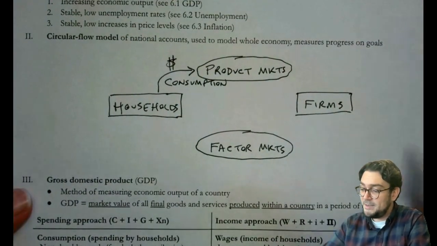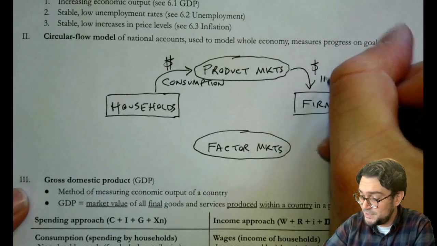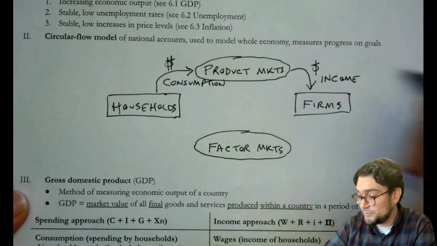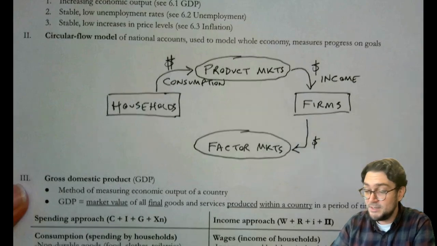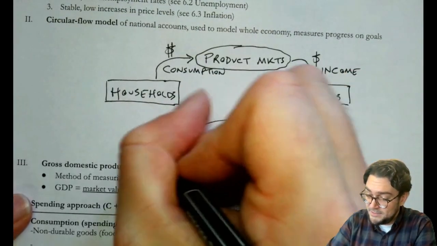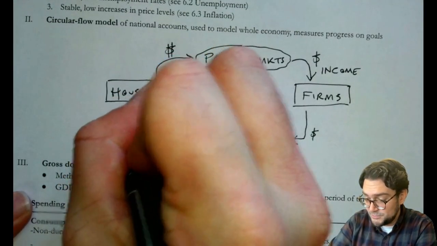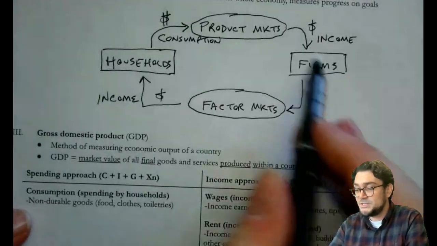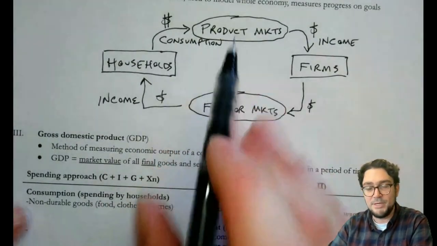That money will flow to firms in the form of income to the firms. Then those firms are going to take that money and send it to a factor market, and that factor market is going to send that money back in the form of income to the households. So it's this simple little picture where the money is just cycling through the whole economy.